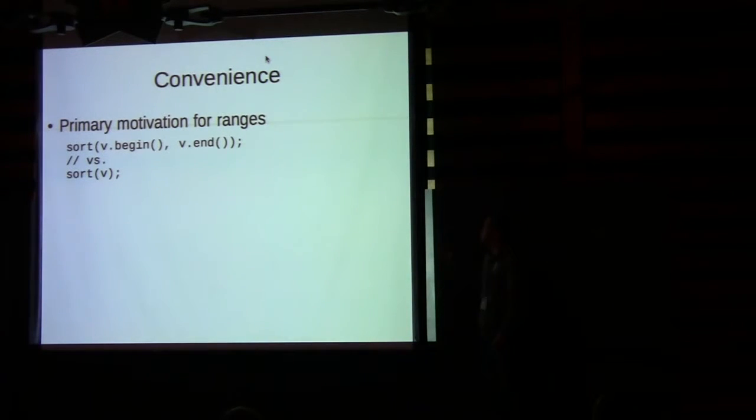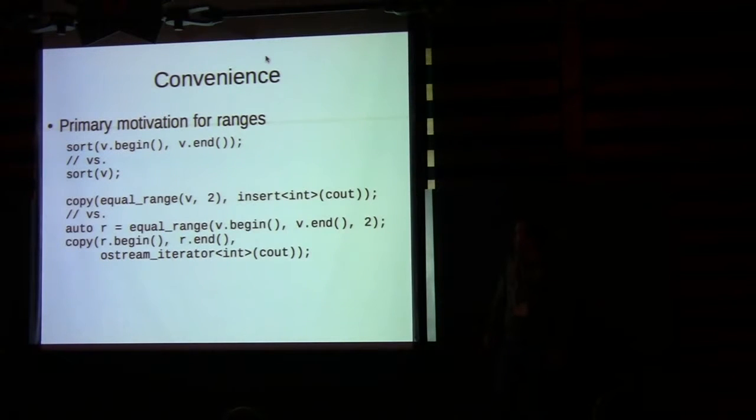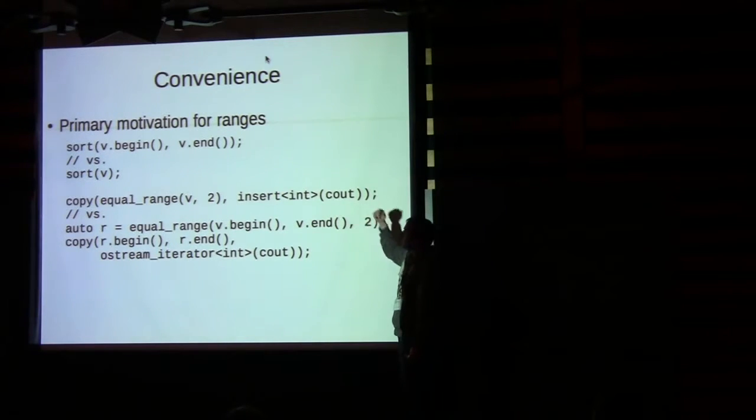Convenience. As I said, this is the reason we want ranges, right? We want the lower line, not the upper line. And here's the other line that I had in my introduction slide. With ranges, it might look like this. Without ranges, in the current standard library, you call equal range.